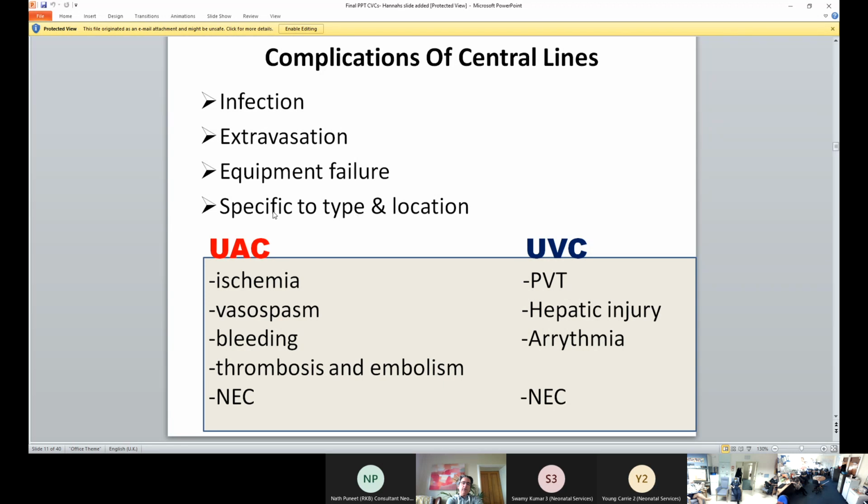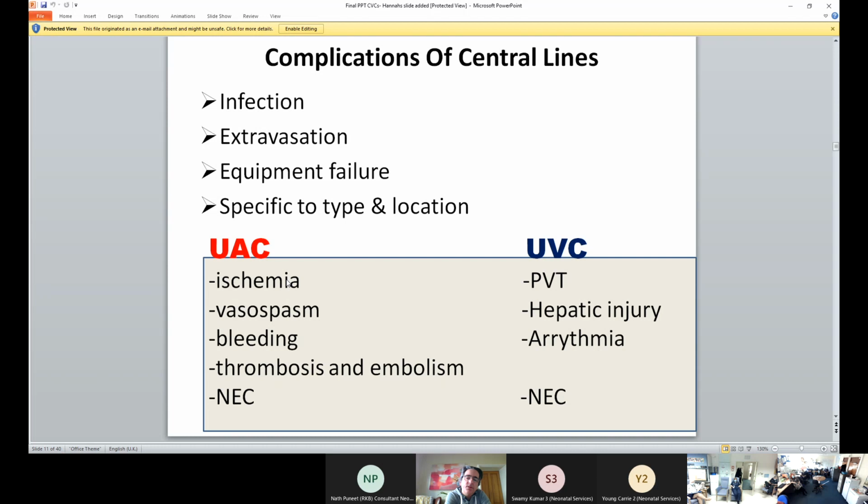And then there are a few specific complications according to the type of the catheter and location. So for the UAC, the most important one is ischemia, if it affected any of the important arterial supply to the lower limb or the bowel.